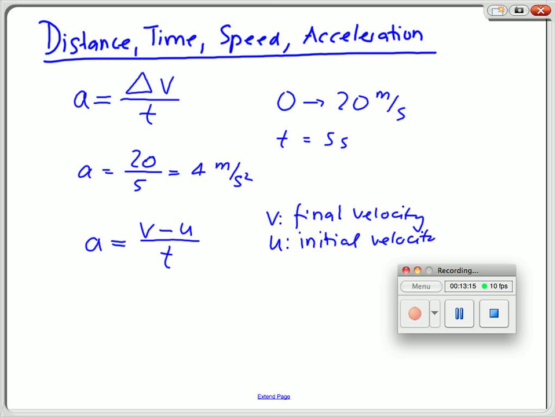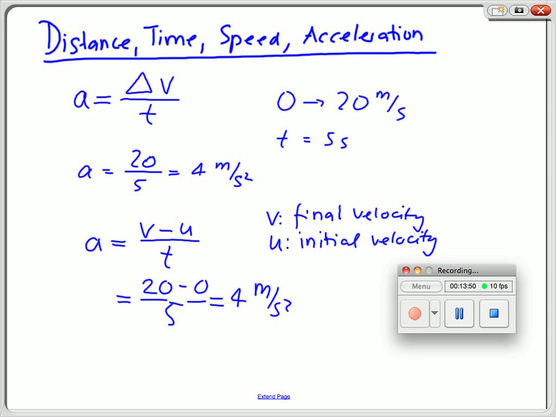Now you see that for the example that I had up there, I would actually have 20 minus 0 divided by the time, and the time in this case was just 5. So here we go, and of course I do get the same answer as before. So this is the other way of writing this same formula.